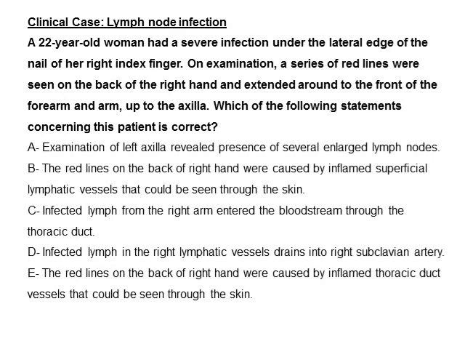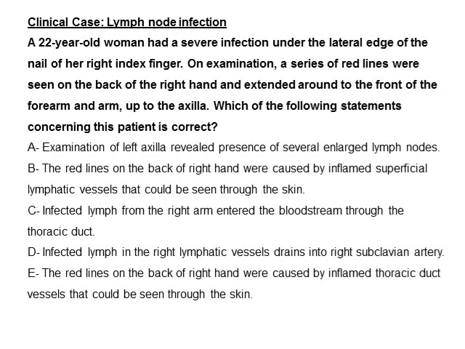The last choice: the red lines on the back of the right hand were caused by inflamed thoracic duct vessels that could be seen through the skin. No, it is caused by inflamed lymphatic vessels, not the thoracic duct, because the thoracic duct drains the left upper limb, not the right. And we have the condition here affecting the right.